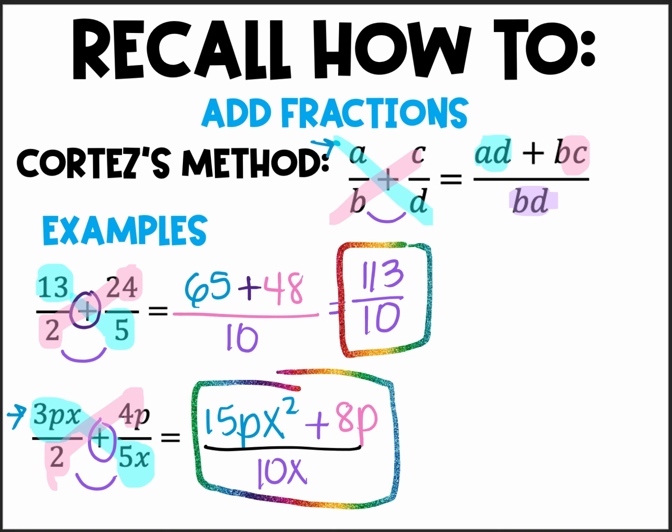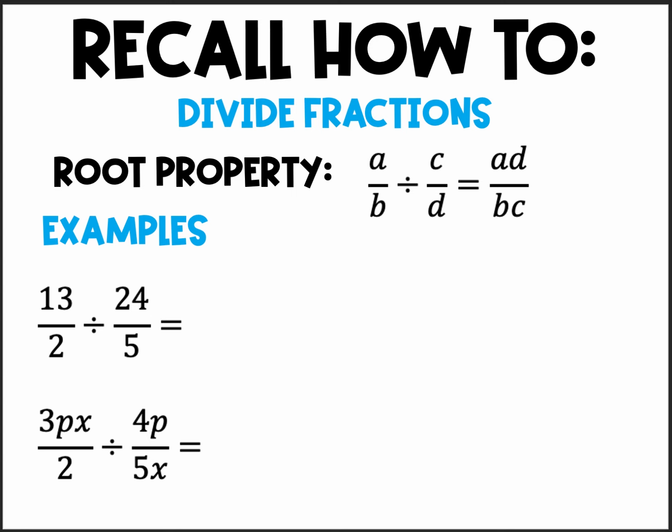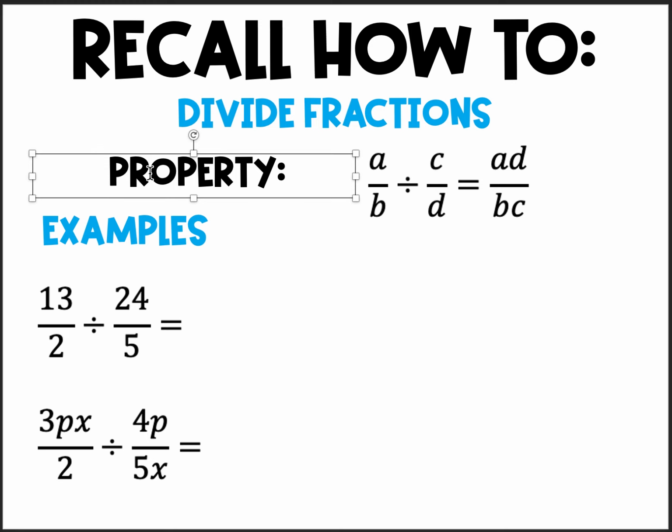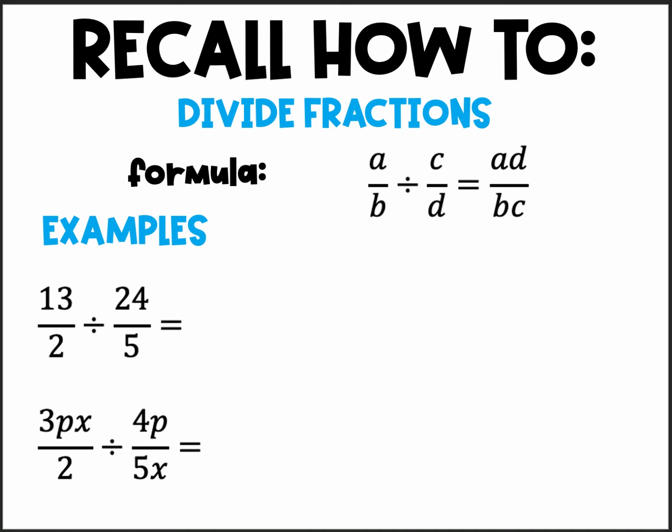Now let me go to review dividing fractions. To divide fractions, it's not a property or a formula. There are different methods. You can use the sandwich rule when you have a fraction on top of another fraction.